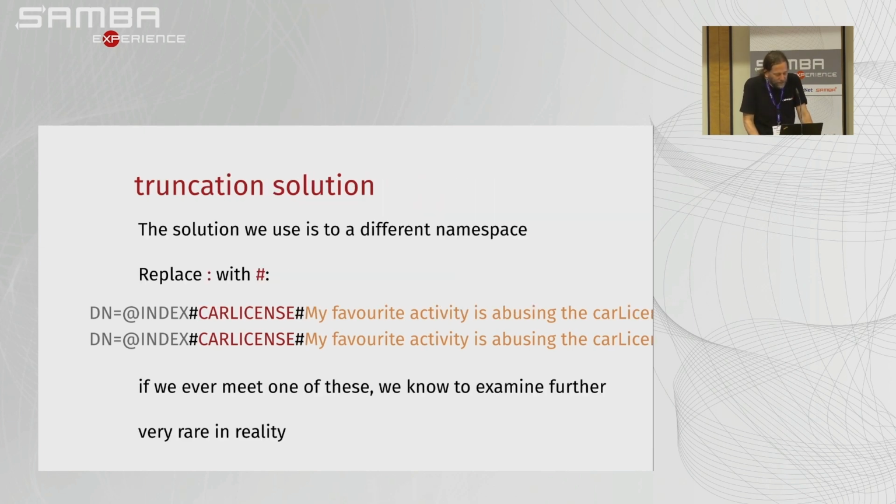And so we use a different namespace by replacing the colon with a hash. And we also have the base 64 version with a double hash. So if you find an index key with the hash there, you know that it's the long one, and that you need to look out for.